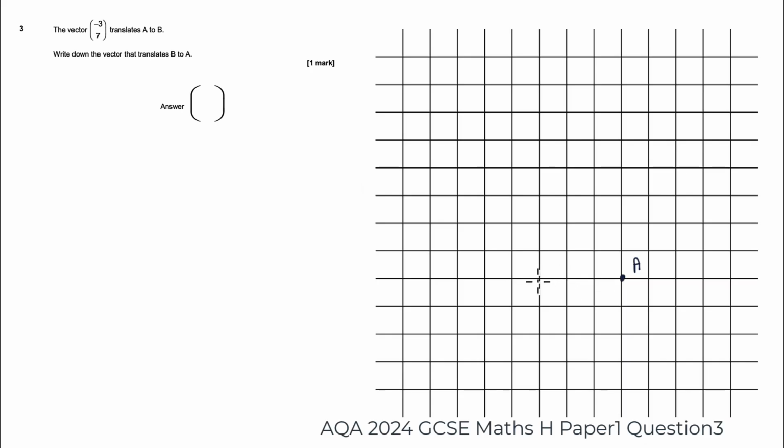The second number, 7, that's the up and down number, and it's positive, so we would move 7 squares up. 1, 2, 3, 4, 5, 6, 7. So there's what the vector does to the point A. It moves it up to the point B.